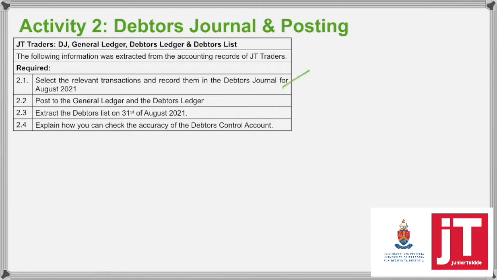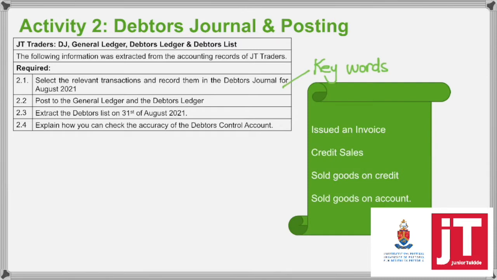So, first of all, when we post to the debtors journal, we have to look for certain keywords in the transactions. Keywords such as issue an invoice, credit sales, sold goods on credit, or sold goods on account will indicate that it goes to the debtors journal.